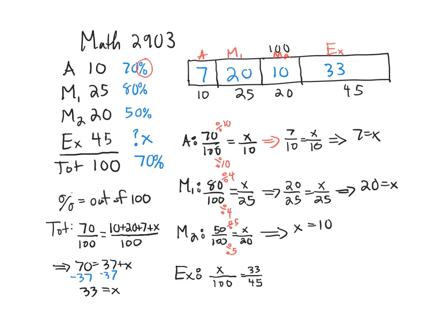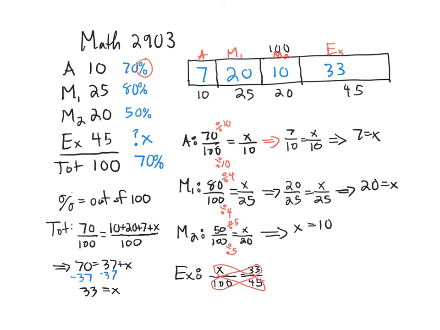So what is the percentage there? Here, I can't see anything nice to multiply or divide one fraction by to get the other, so I'm just going to cross multiply.